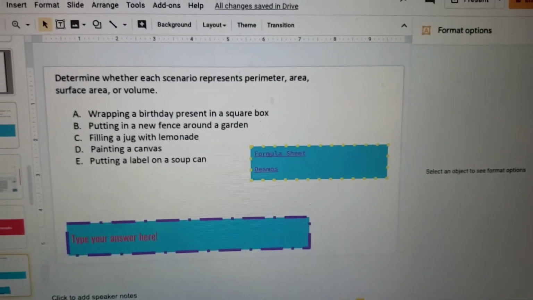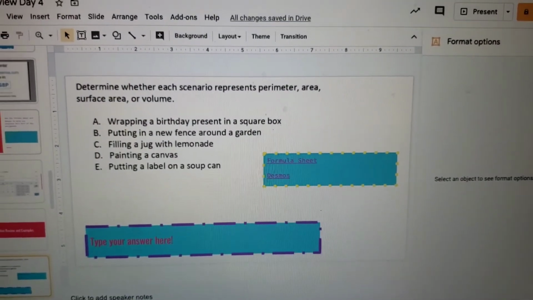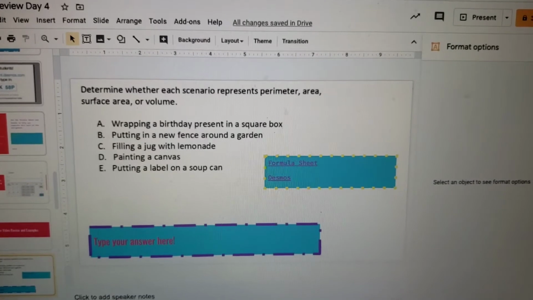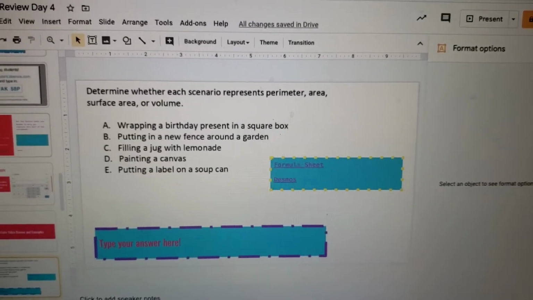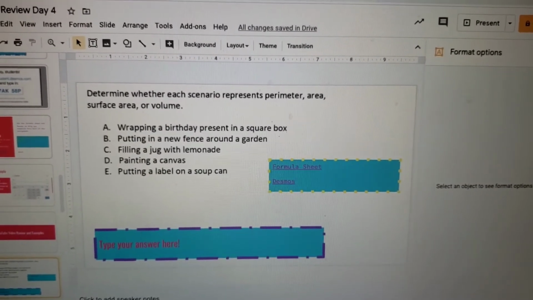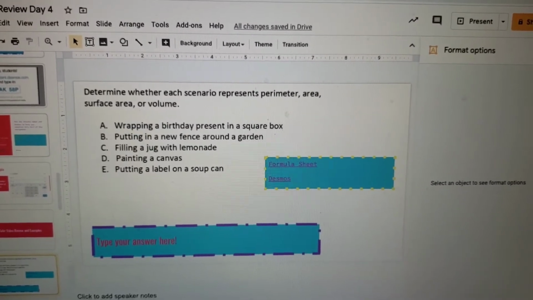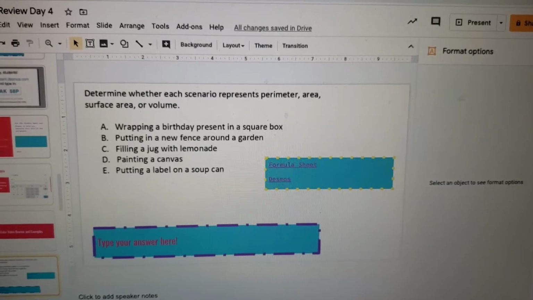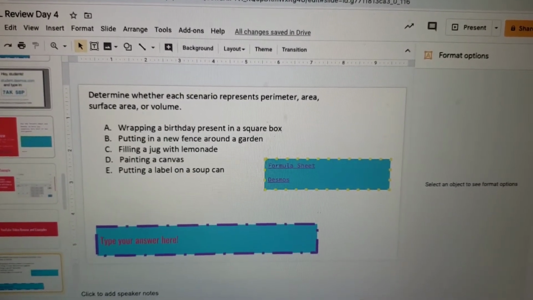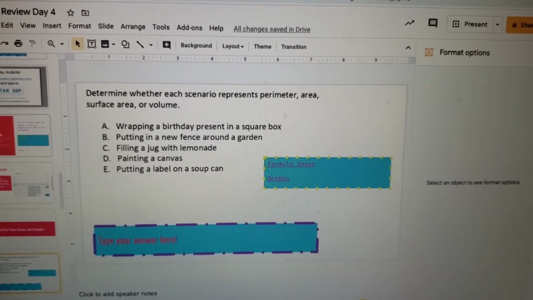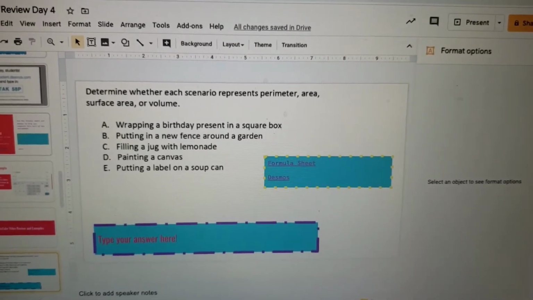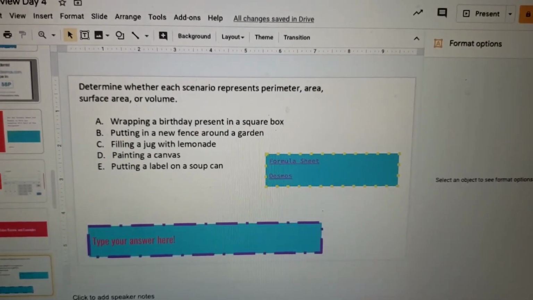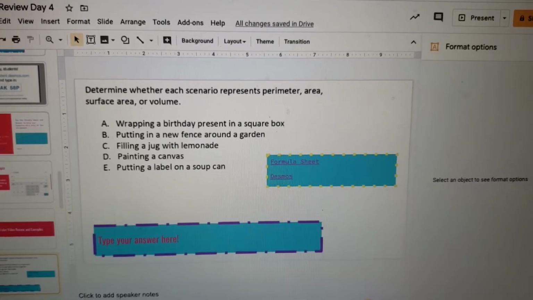It says, determine whether each scenario represents perimeter, area, surface area, or volume. Wrapping a birthday present in a square box. We're wrapping around the outside, so if you chose surface area, you would be correct. Putting a new fence around a garden. Please remember, perimeter is when we are talking about around the outside of something.